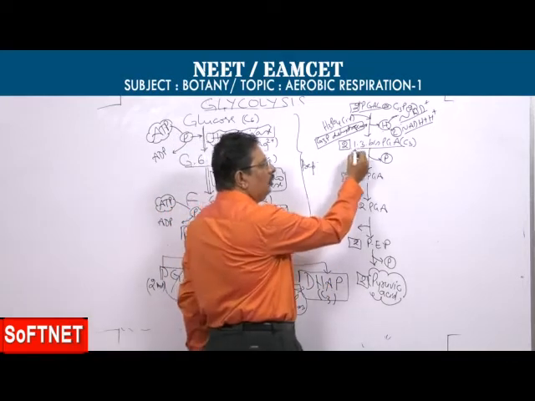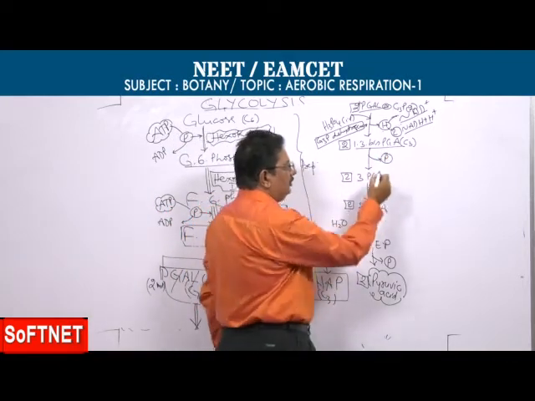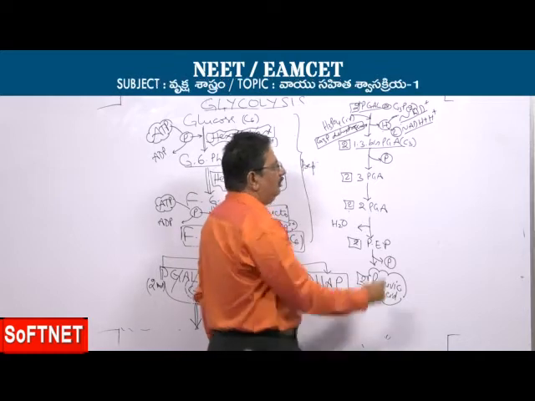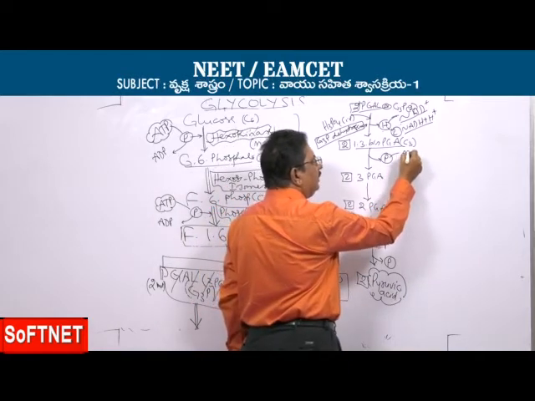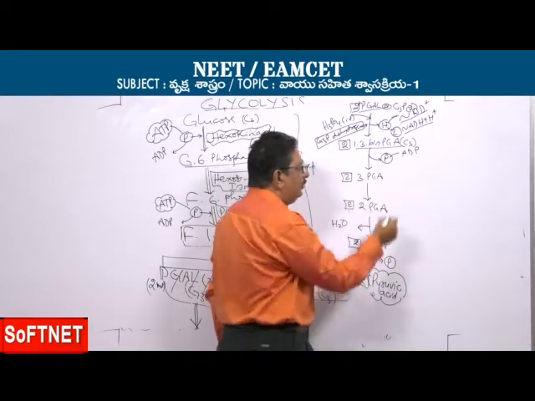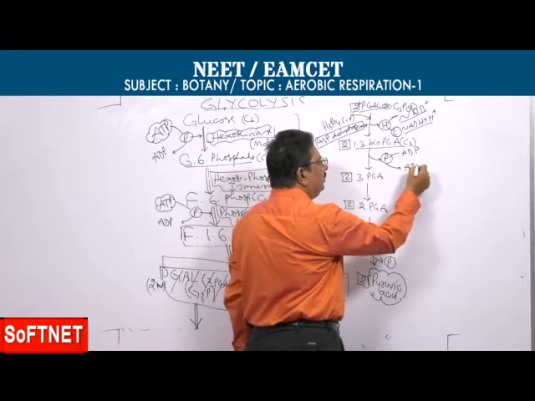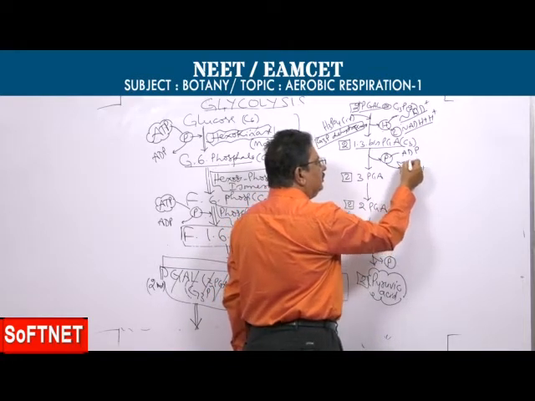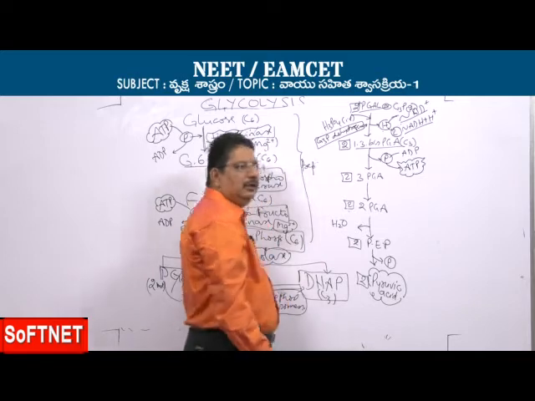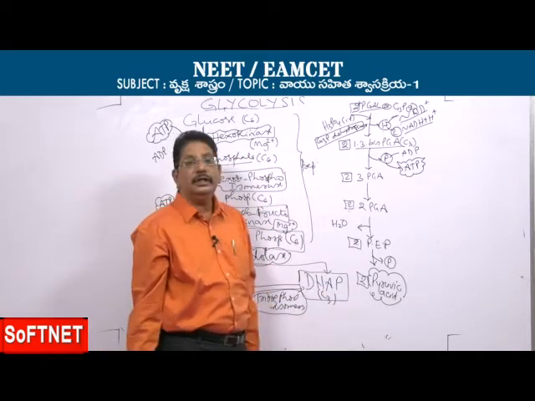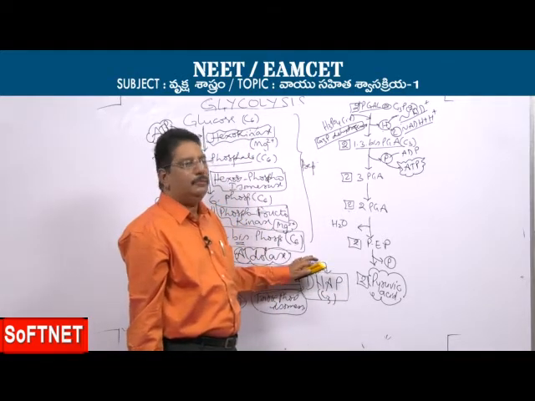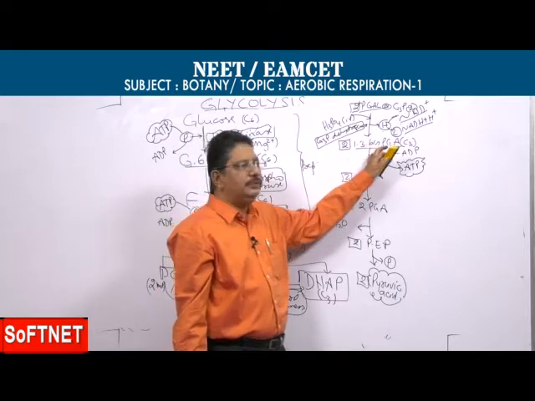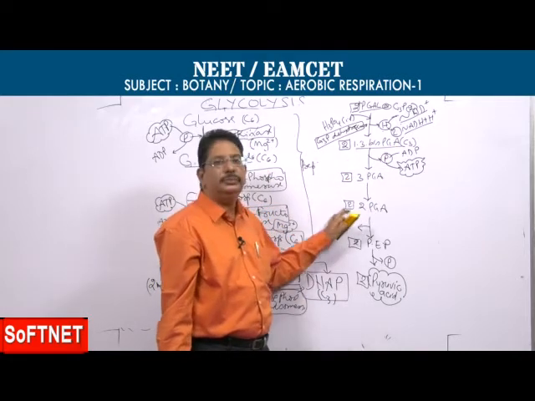Next, this 1,3-bisphosphoglyceric acid loses a phosphate, which reacts with ADP and converts into ATP. See, this is the first time in respiration that ATP is generated, when 1,3-bis PGA is converted into PGA.